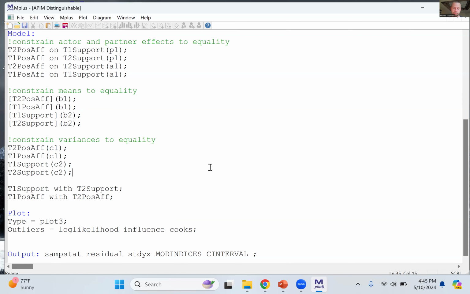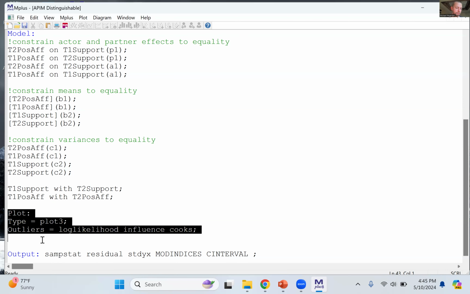Again, that also stems from the assumption that since assignment is arbitrary, there should be exactly equal effects across both dyad members. So here are your covariances. So your twin one support correlated with your twin two support, and your twin one's positive affect correlated with twin two's positive affect.